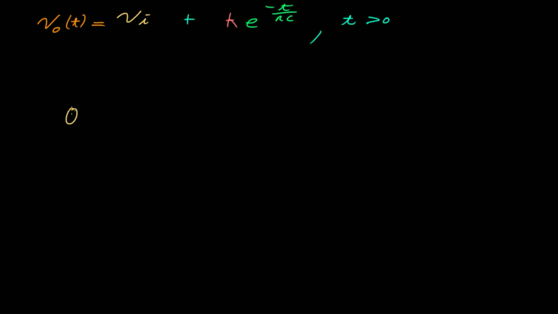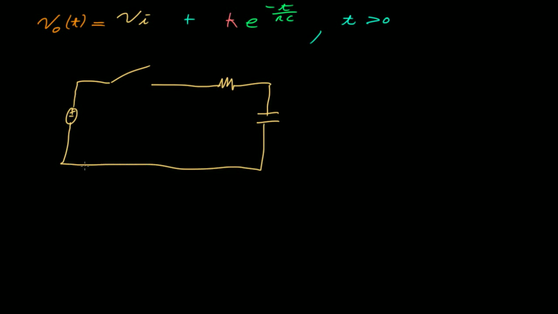Now I'm going to redraw the original circuit. We had our switch here, our resistor, and our capacitor, and we had ground right here. At time equal to 0, our switch closed, and this is our V out, the V out that we were looking for as a function of time.